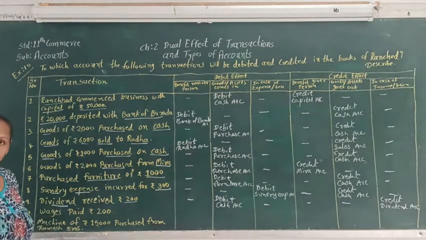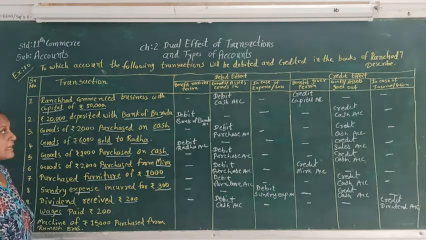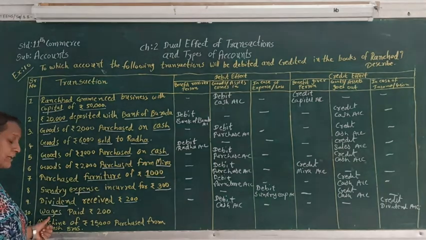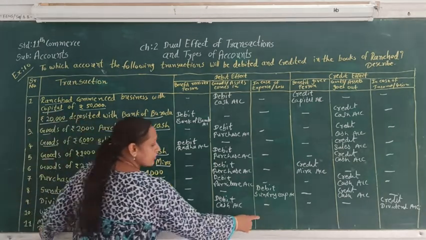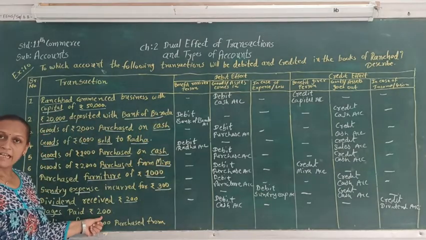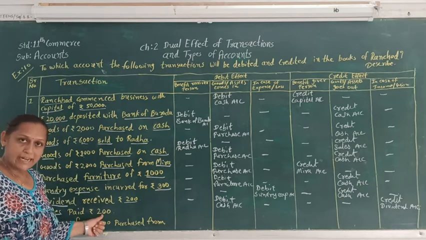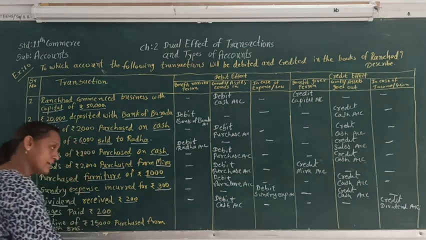Next, wages paid rupees 200. So when we are paying wages, we are incurring an expense. So here we are going to debit the expense account, and as we are paying cash, cash will go out of the business. So we are going to credit the cash account with 200.